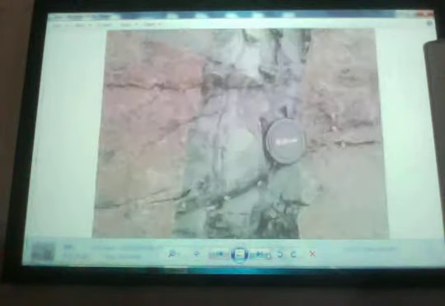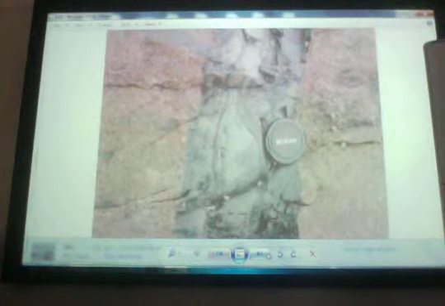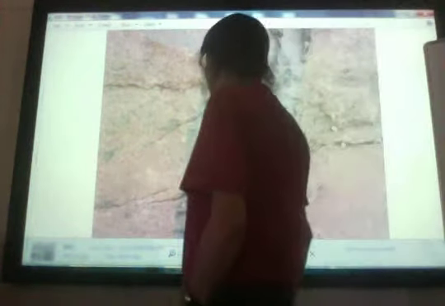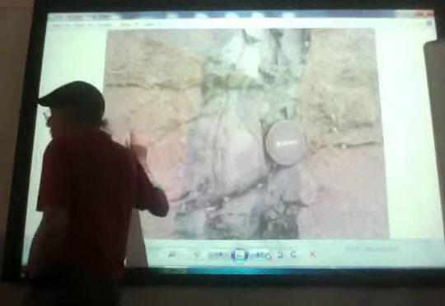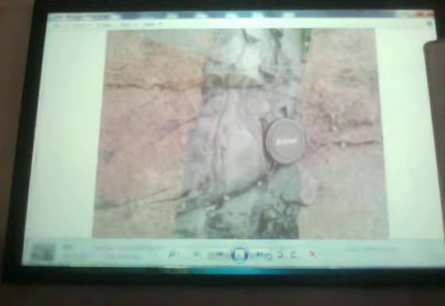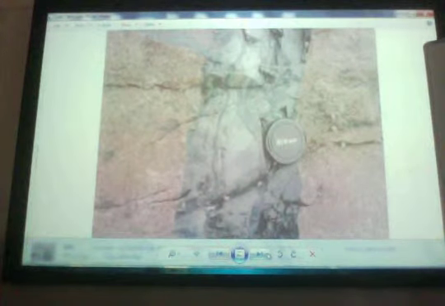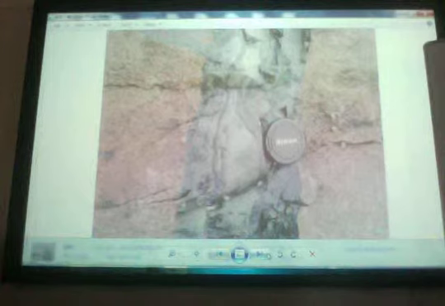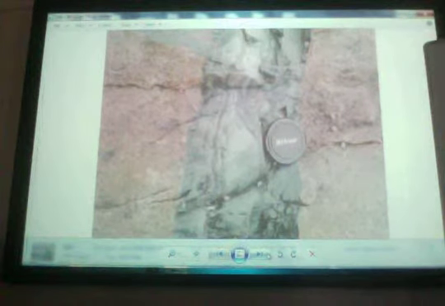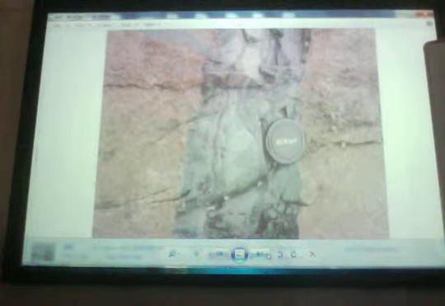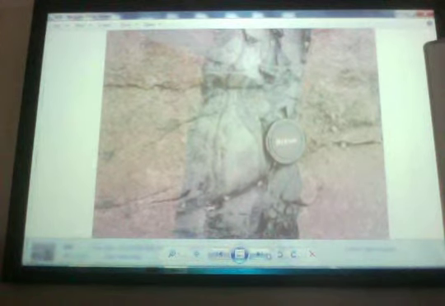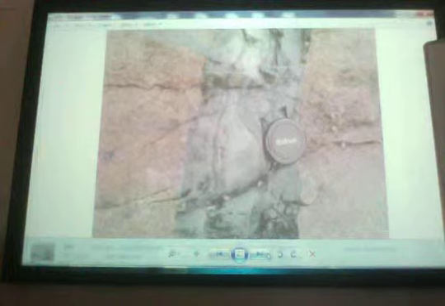So next slide. Here we have another vein, and now you should be able to tell me what kind of rock this is. It's very, very pinkish. Why is it pinkish? Feldspar. So a rock has a lot of feldspar and it's a light color.